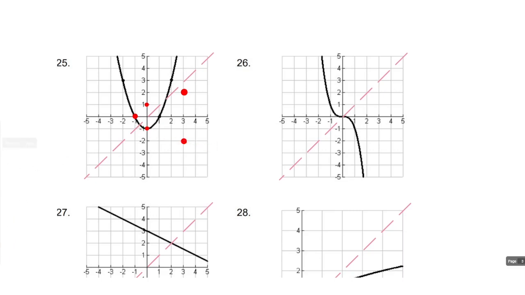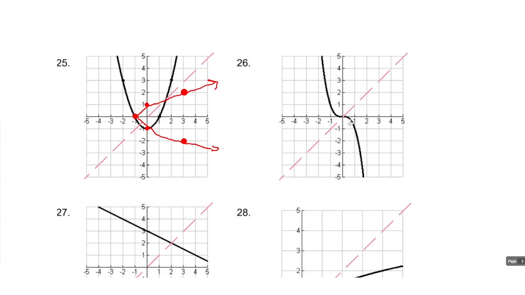Wait, why is it drawn dotted? What's going on here? Let's try that again. Well, it's not perfect, but hopefully you get the idea. And you can see that if you were to fold this graph along the y equals x line, these two graphs would match up with each other.